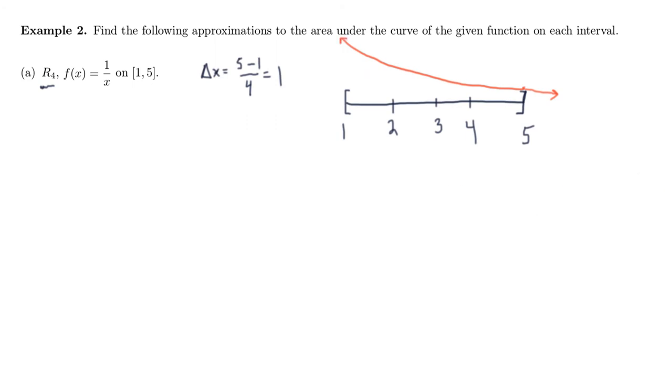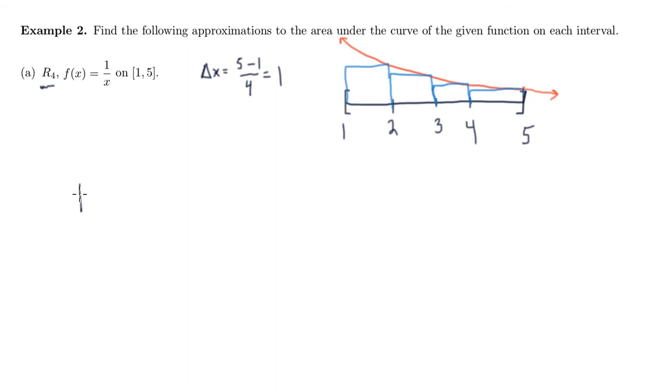So to approximate, we want to use the right endpoints. So we'll use this endpoint. Then we'll use this endpoint. Then we use this endpoint. And finally, this endpoint. So notice that I'm just going to evaluate the function here, here, here, and here to get the height of each rectangle.